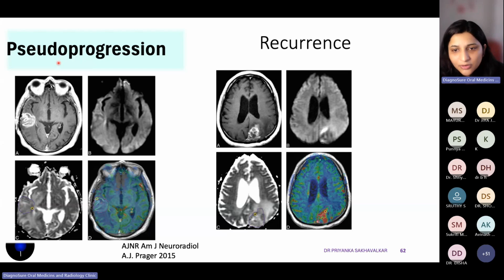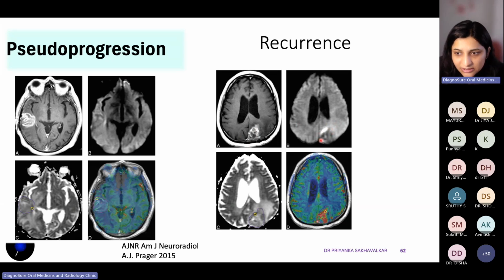But when we are talking about recurrence, this is another lesion. You see, this is very similar on the conventional MRI. It is 5 months after radiotherapy with concomitant and adjuvant chemotherapy was given. This was a patient with glioblastoma, that is a brain tumor. This is the conventional MRI, and this is the diffusion weighted image.